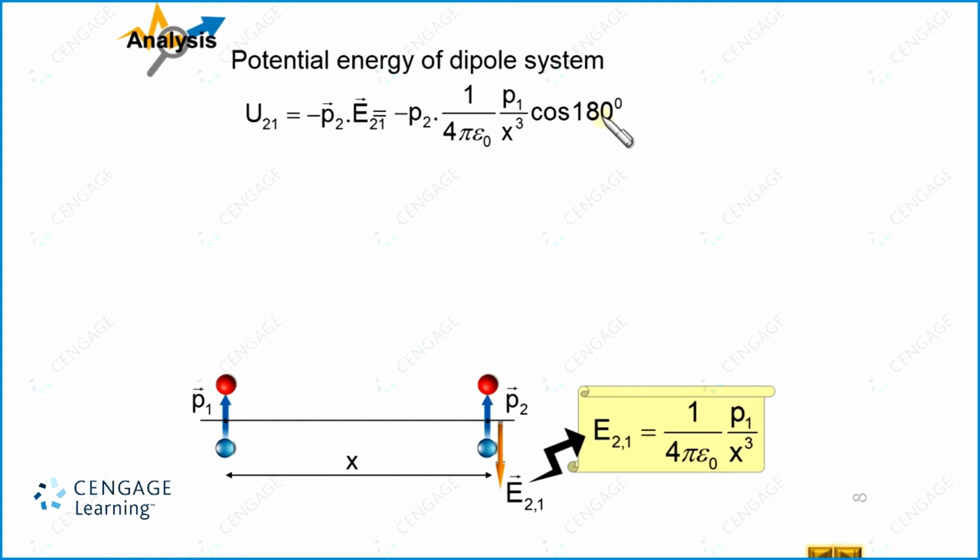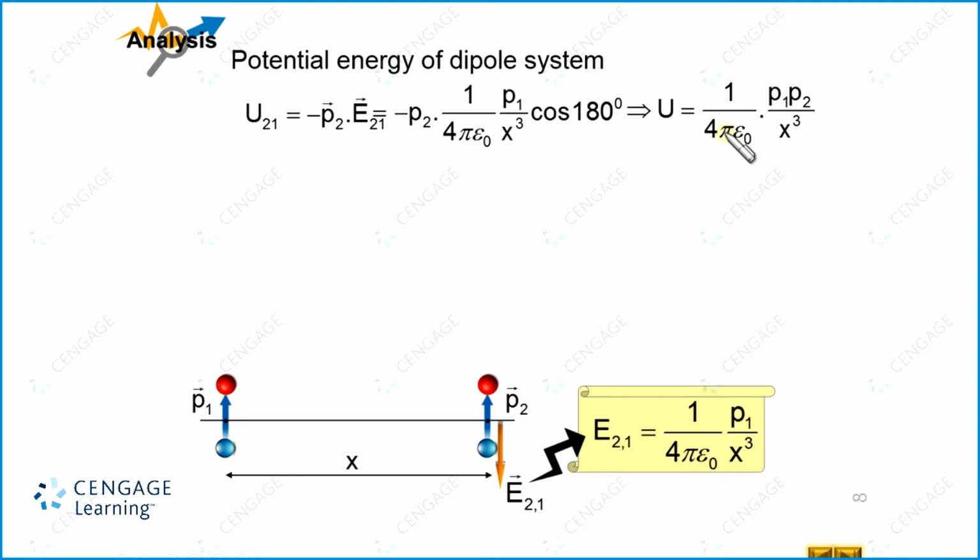Cos 180 degrees equals minus 1, so minus and minus become positive. Let us write U instead of U21, because U12 and U21 have the same value. So the potential energy is 1 upon 4 pi epsilon naught P1 P2 divided by x cube. Here we got the potential energy of the system.